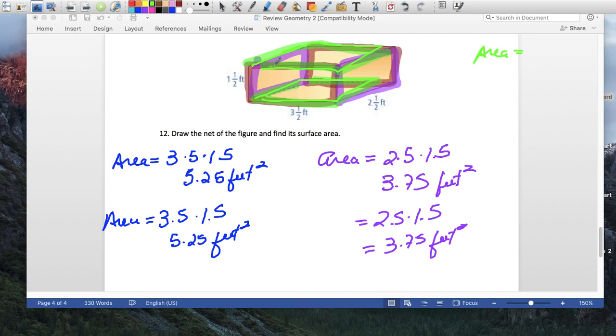The two numbers that are relevant to us, we're not going to use the height, so we're going to use 3.5 and 2.5. 3.5 times 2.5 gives us 8.75. And we're going to do it again, 3.5 times 2.5, and it's going to give us 8.75.